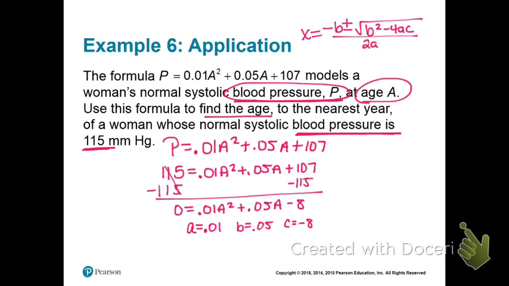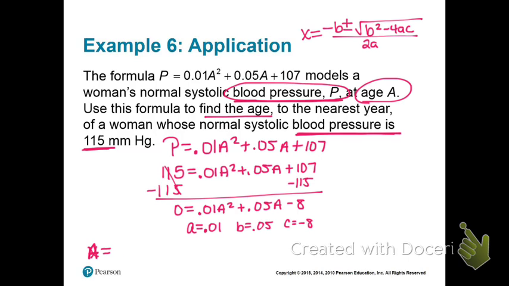All right. We could put x equals, but remember we're solving for A, right? So you could put A equals there if you wanted to. Either one. I'm going to build my skeleton.